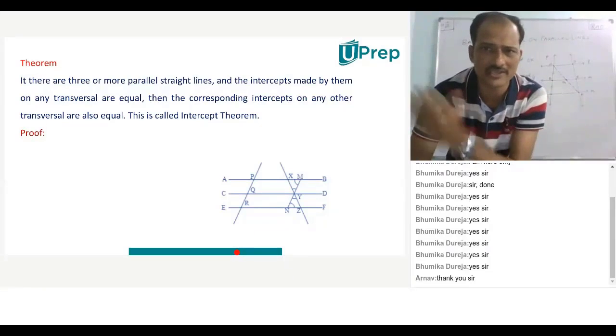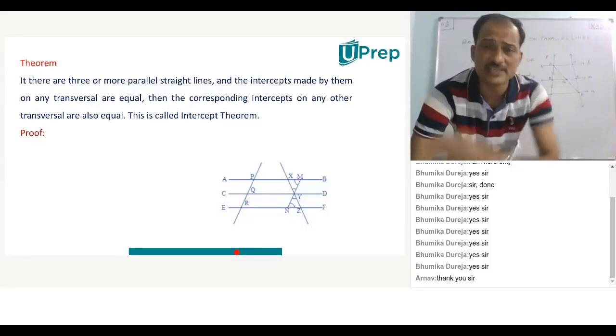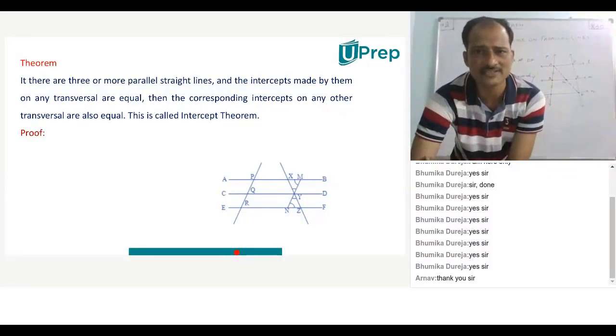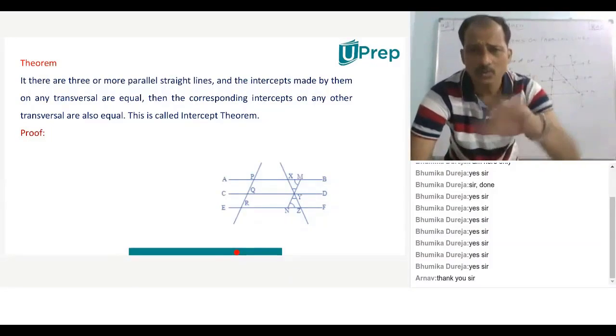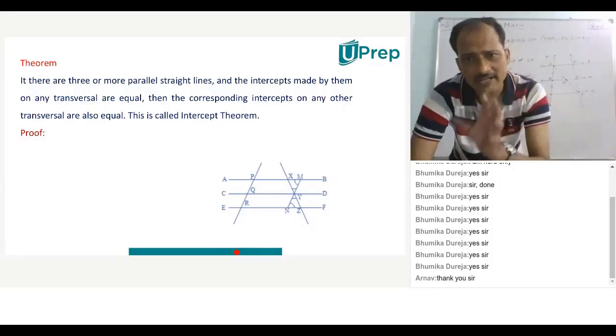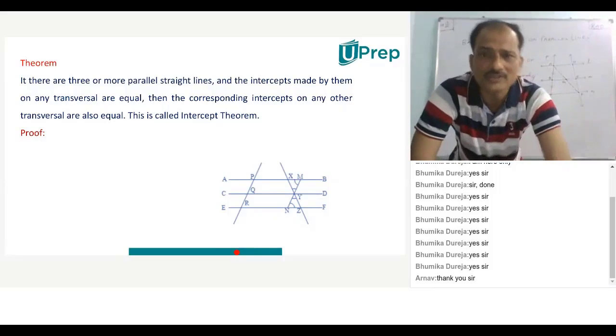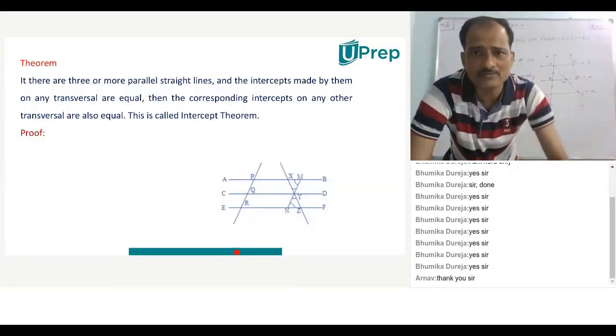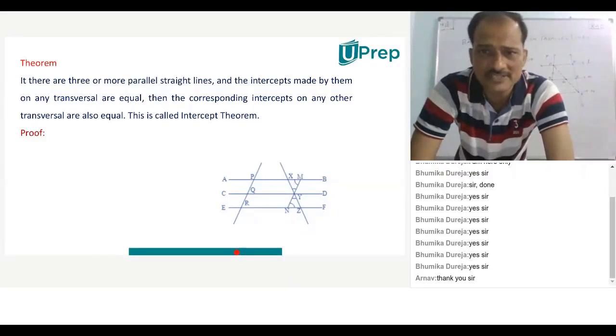Those are two theorems. We also discussed that the sum of all the angles around a point is 360 degrees. And the last one, vertically opposite angles: if two lines intersect, then vertically opposite angles are equal. These are the basic theorems on angles and on parallel lines which we have discussed today.